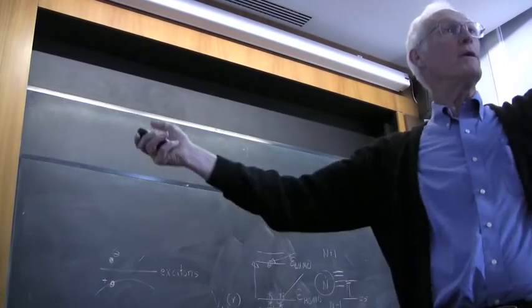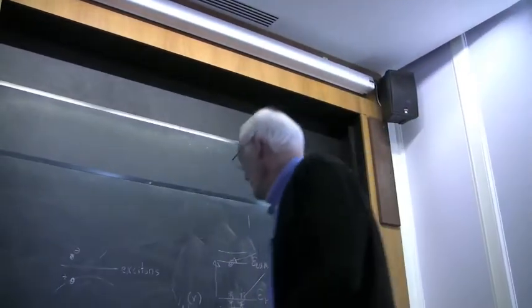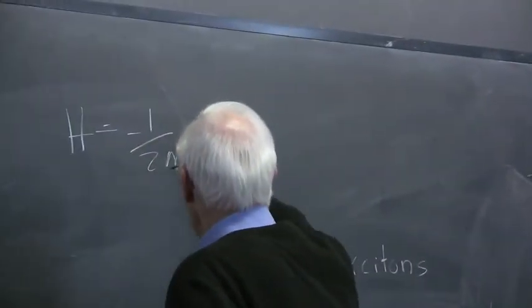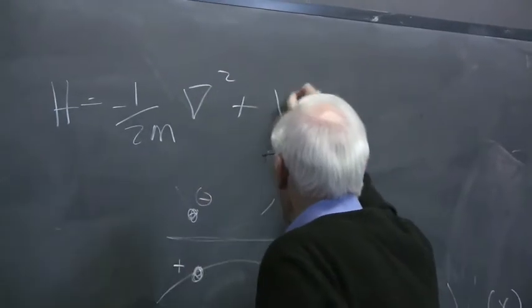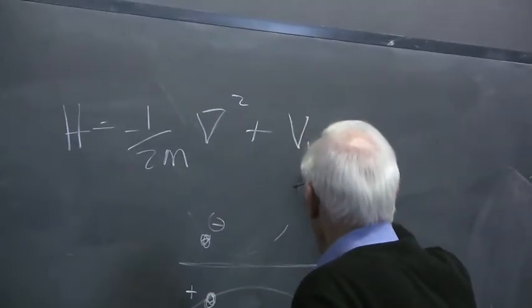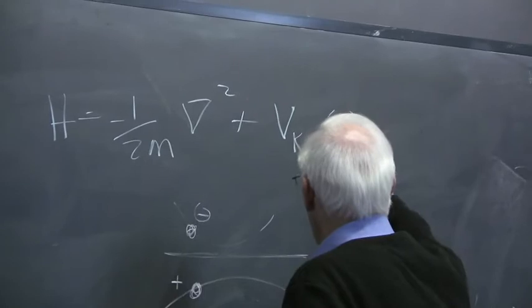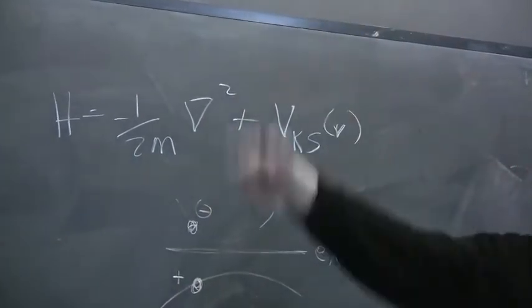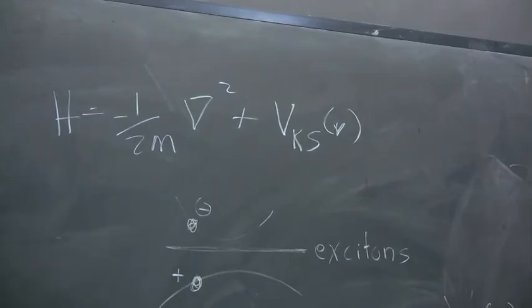But in one of these problems, we want to use equations that are Hamiltonian: minus the kinetic term plus the potential. In these systems, it's this effective internal potential that goes in the equations.